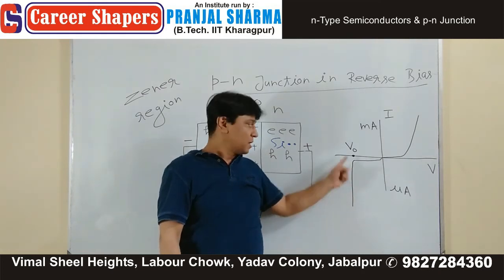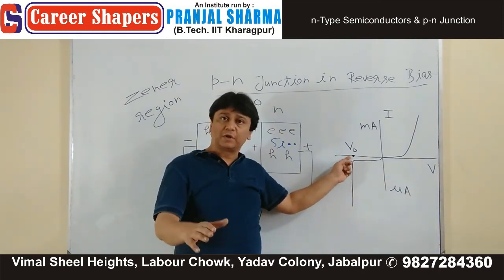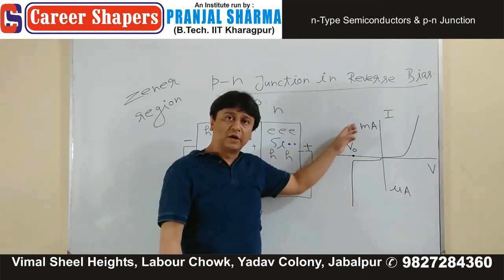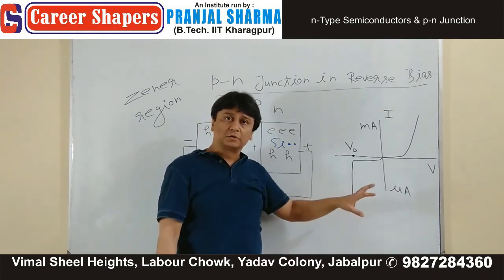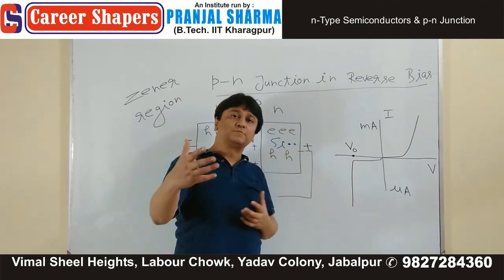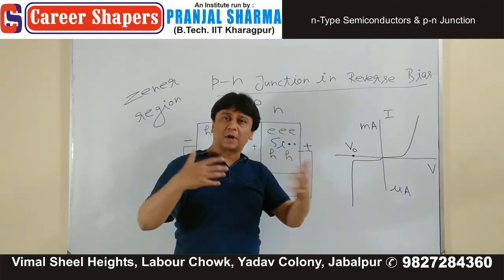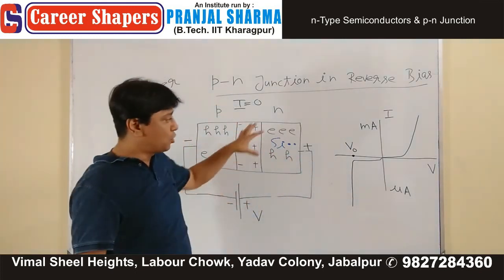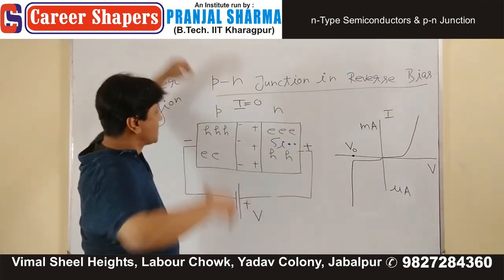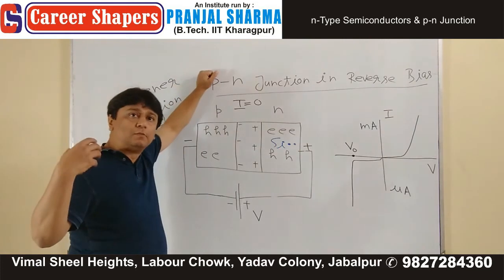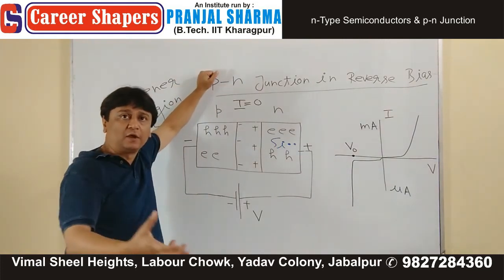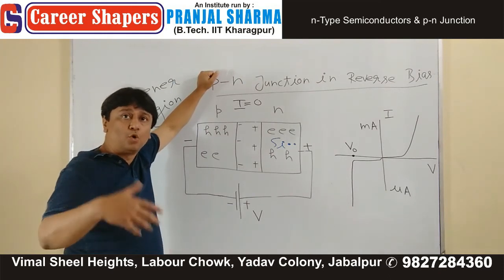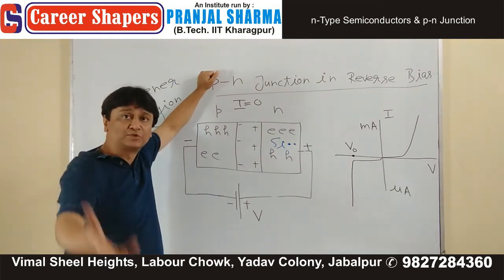That means beyond a particular voltage in the reverse direction, you cannot increase the voltage because voltage means what? A kind of resistance. But these electrons are no longer able to oppose anything. They are basically creating more charge carriers themselves.